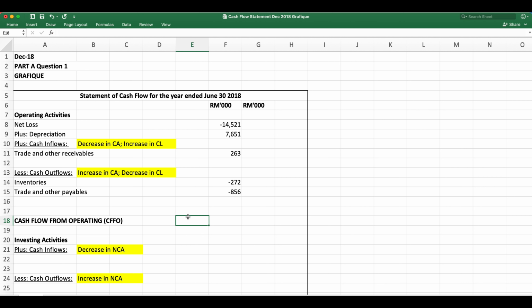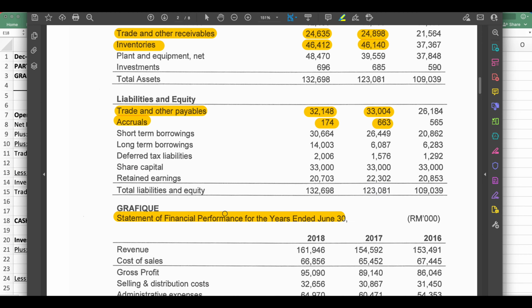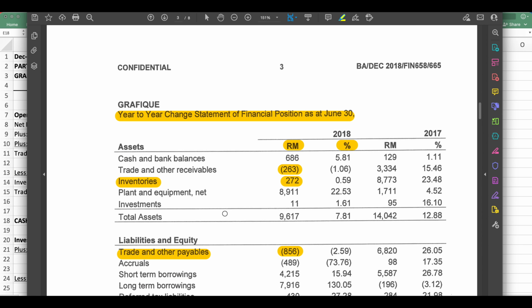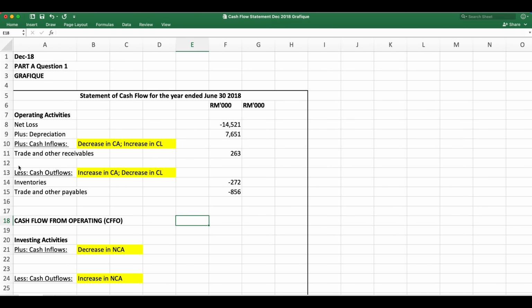All right. Okay, and then we go back to the question and check, is there any other liability? So we have another one, that is accrual. Okay, so accrual reduced from 663,000 to 174,000. So it is reduced by 489. Okay, so this one is also the same concept as just now.